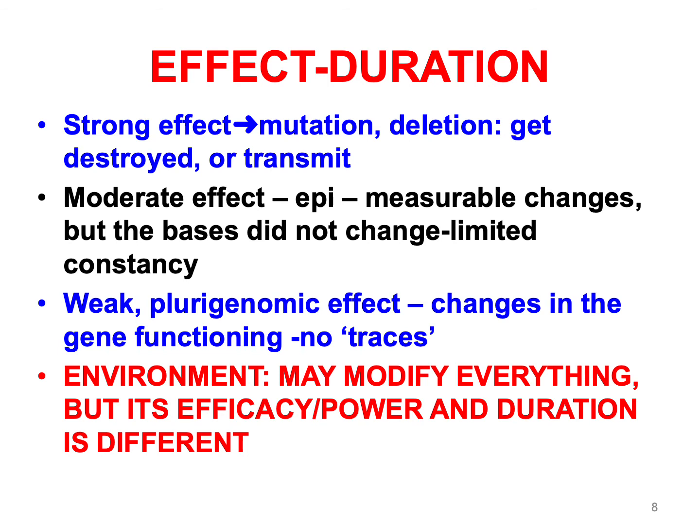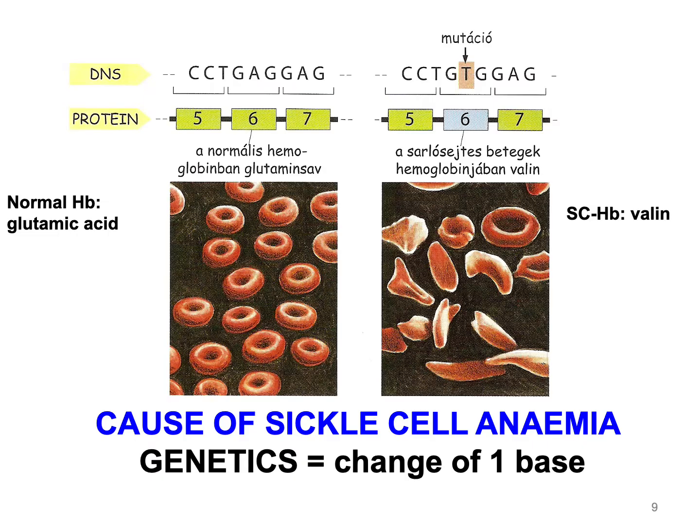And finally, the weak so-called plurigenomic effect may change the gene functioning, the gene expression, but leaves no traces like previously. The environment may modify everything, but the efficacy, the power and duration is different. Here you can see the first example for the strong effect.